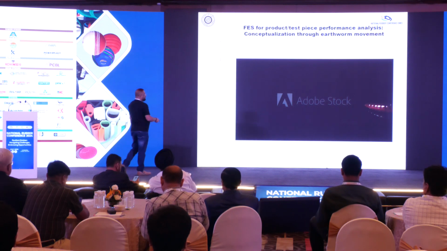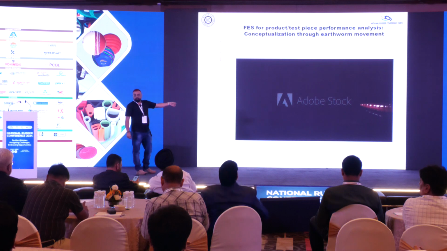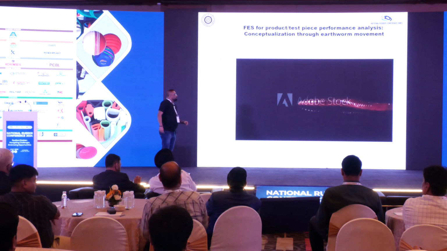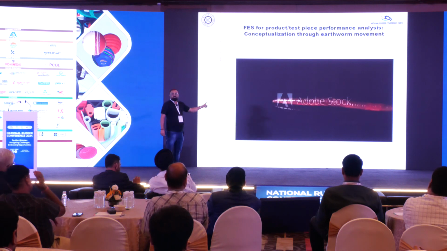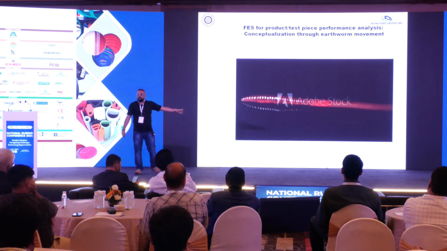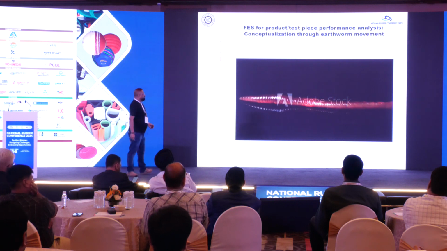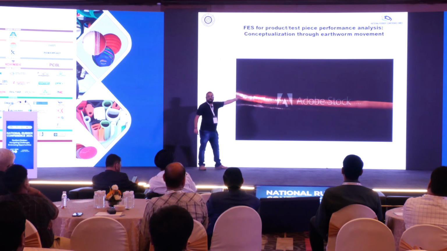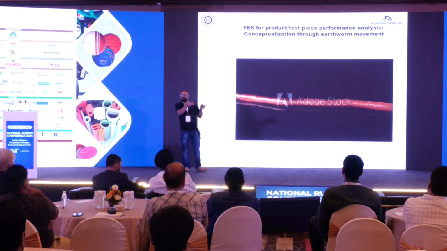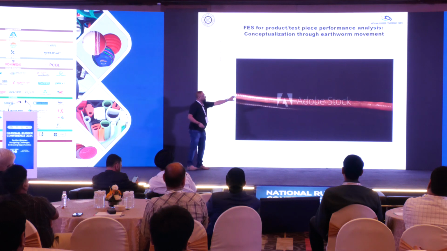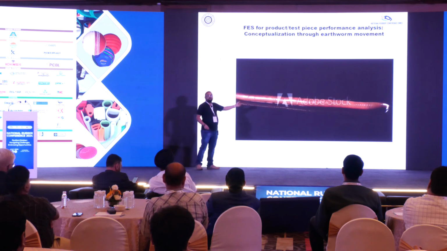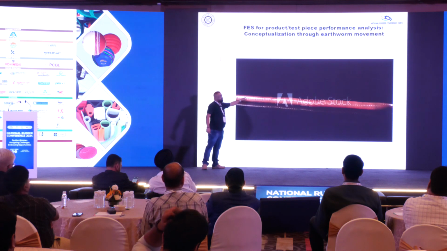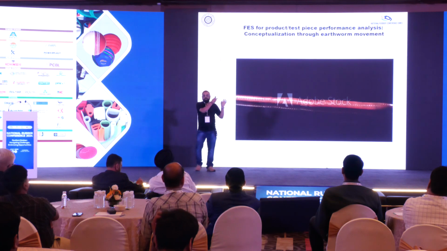So I can demonstrate this with the movement of the earthworm, you see. So here you see that if you want to simulate the movement of an earthworm, how do you do it? You see its body is constituted of so many small cells or parts. So this is what you need to develop. This is your product, and what you want is its movement. For that, you see these are the cells that you need to divide your product into.